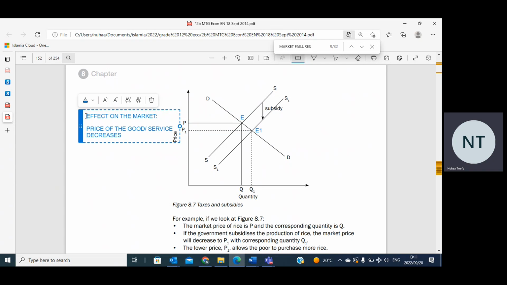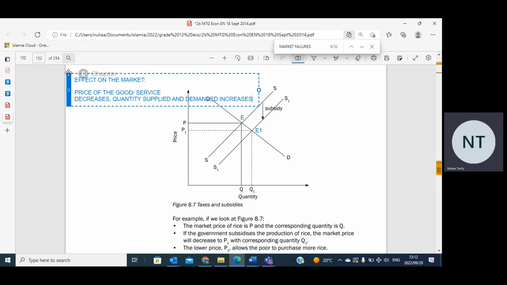The price of the good or service decreases. Right? So we can see that it went from P to P1. But at the same time, the quantity goes up. Quantity supplied and demanded increases. So that is the effect of a subsidy in the market.